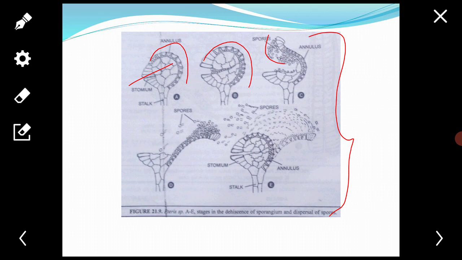During this movement, the spores are thrown away with a jerk to some distance and carried away by the wind or air.